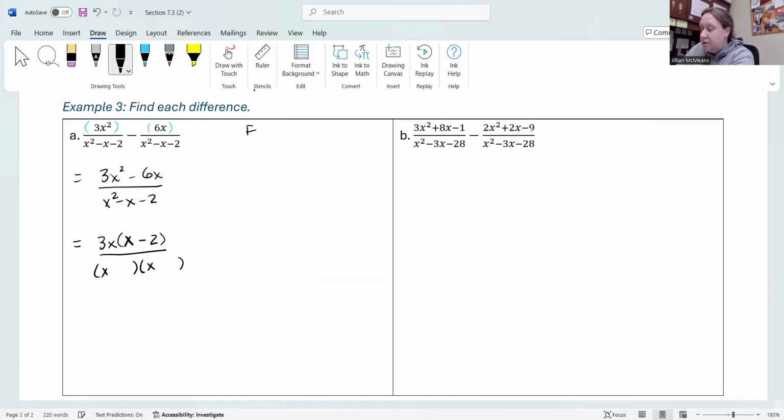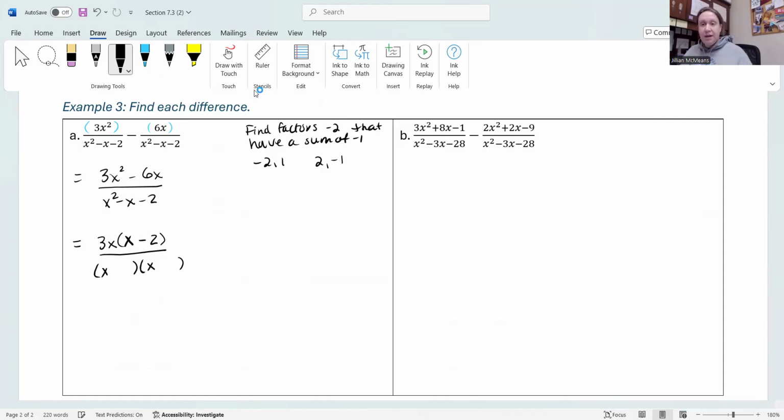So we need to find factors of the constant c, which is negative 2, that have a sum of the coefficient of x, which is negative 1. So when we're dealing with factors of a negative number, those factors have to have different signs. One has to be positive, one has to be negative. So we could look at negative 2 and 1 or 2 and negative 1.